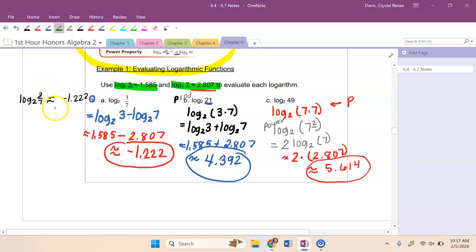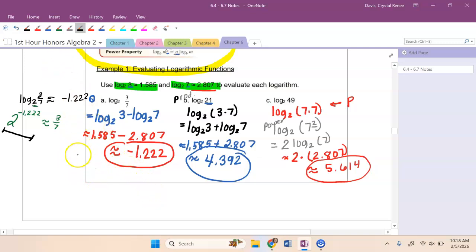If we write this as an exponent, we would write it as 2 to the power of negative 1.222. That should equal 3/7. So I want you real quick, just so you don't call me a liar, to put this into your calculator. Is 2 to the negative 1.222 power roughly 3/7? You should find that it is.